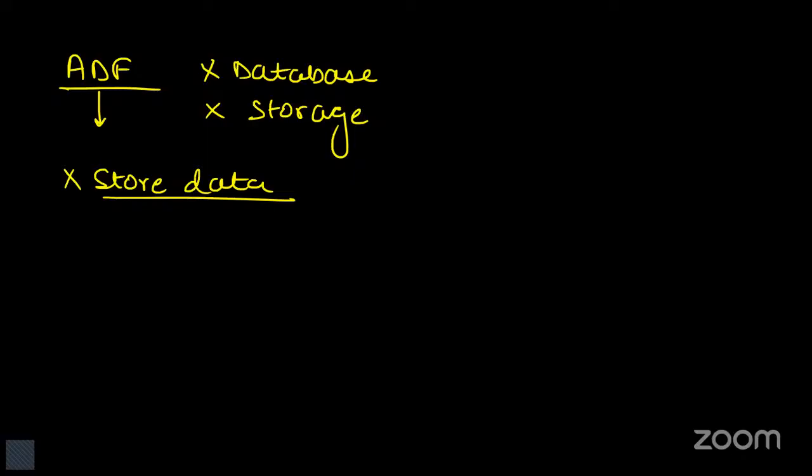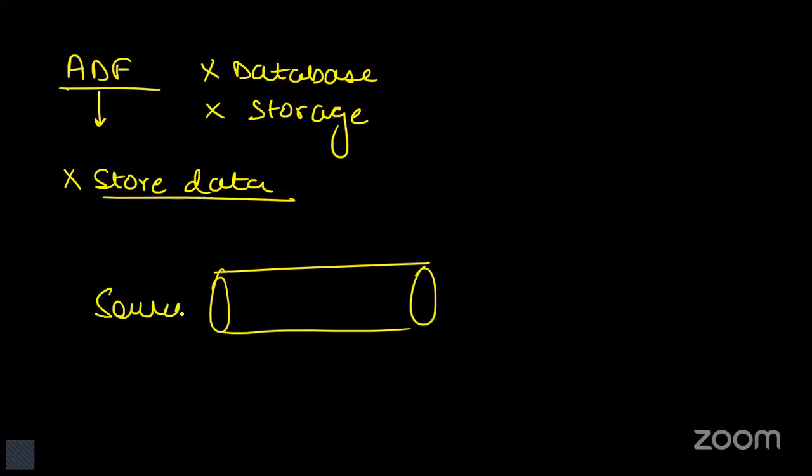It allows you to create, schedule, and manage data-driven pipelines. These pipelines that you create basically collect the data from the source, move it, transform it, T1 plus T2, where T1 is a single transformation, T2 is another transformation, and then put the data to the destination.